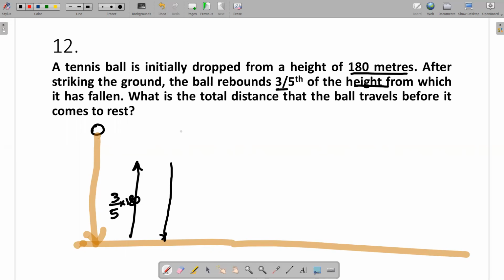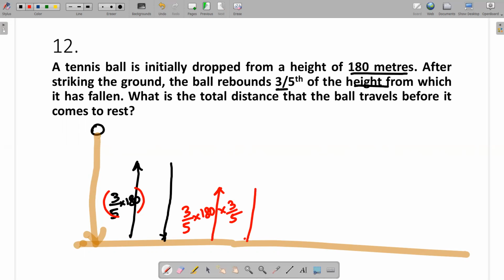Now the next time it goes up, it will be 3/5 of the 3 by 5 of 180, because this is the height now. It's 3/5 of that, which is 3 by 5 of 180, that is what it will be going up.